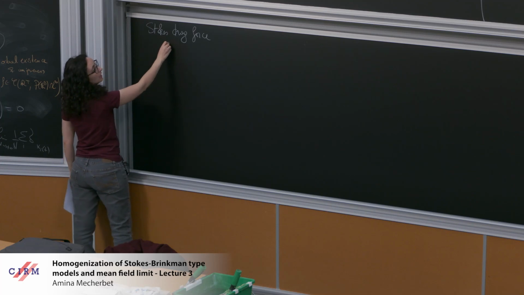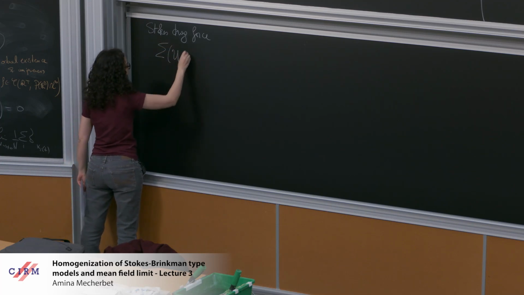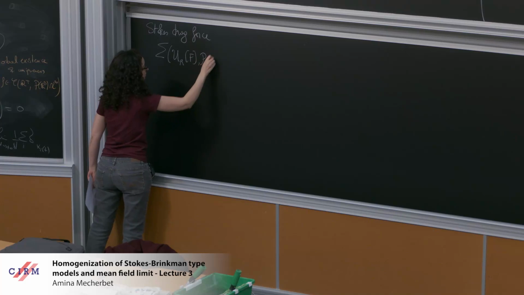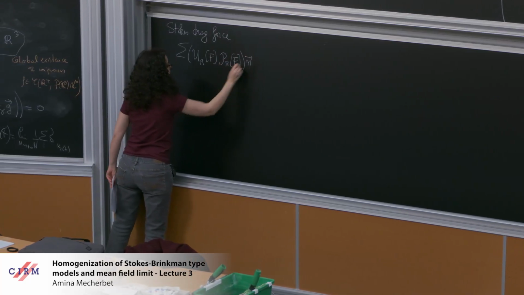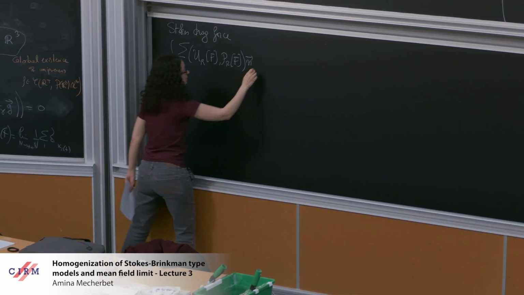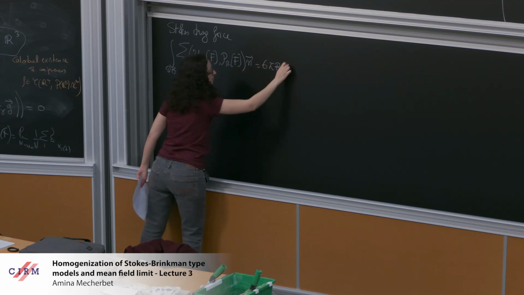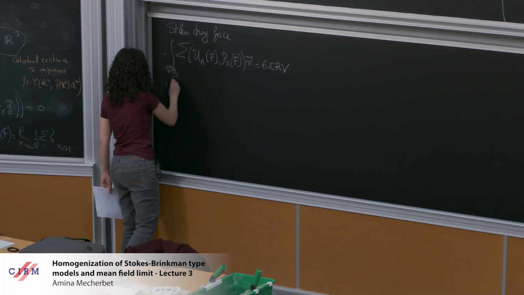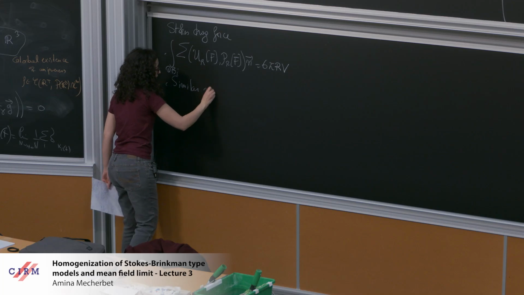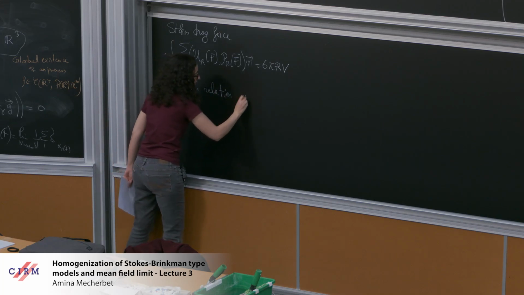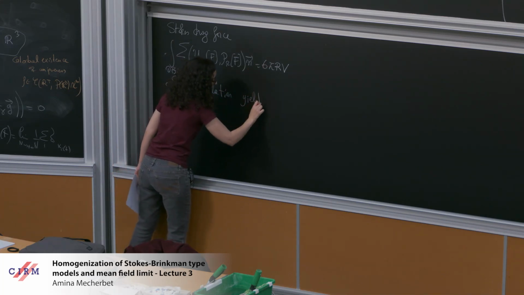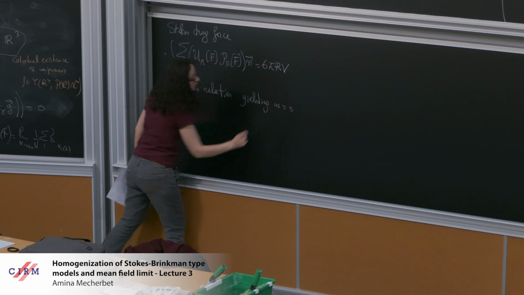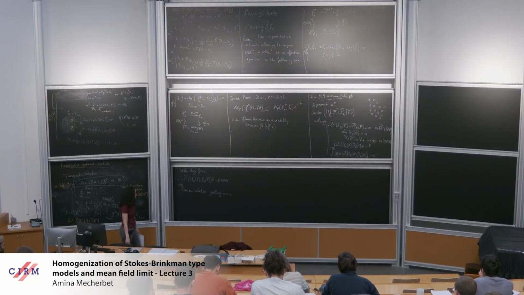So you know that this force is 6πRV. And the torque is also given by a similar relation. But since the prescribed torque is 0, there will be no angular velocity, so it's vanishing.